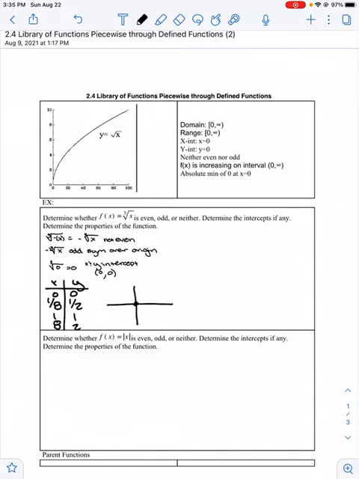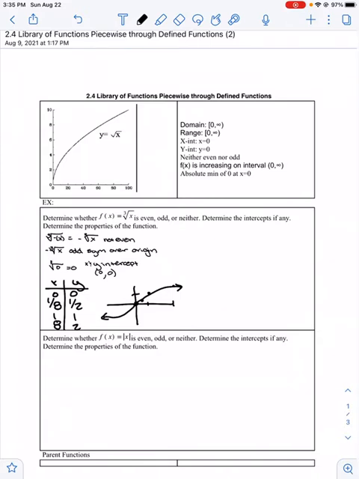So 0, 0, 1/8, 1/2, then 1, 1, and then 8, 2. And we know that this is symmetric over the origin, so it's going to look something like this to graph our negative side.